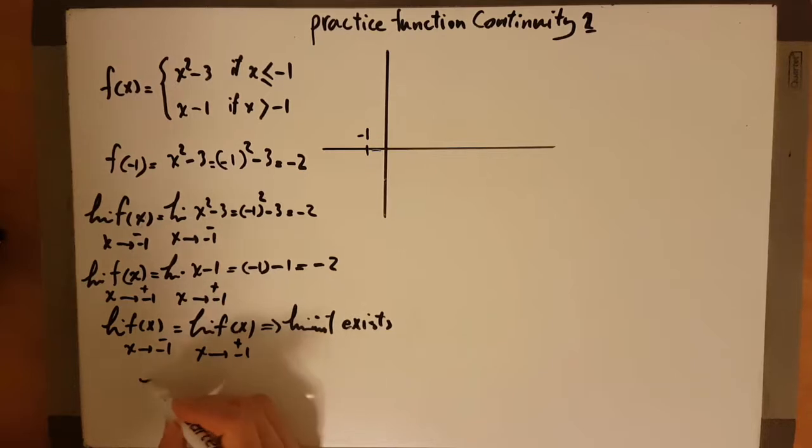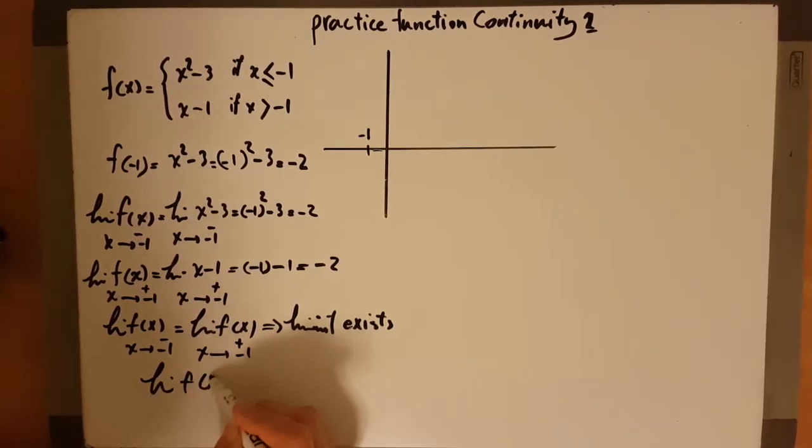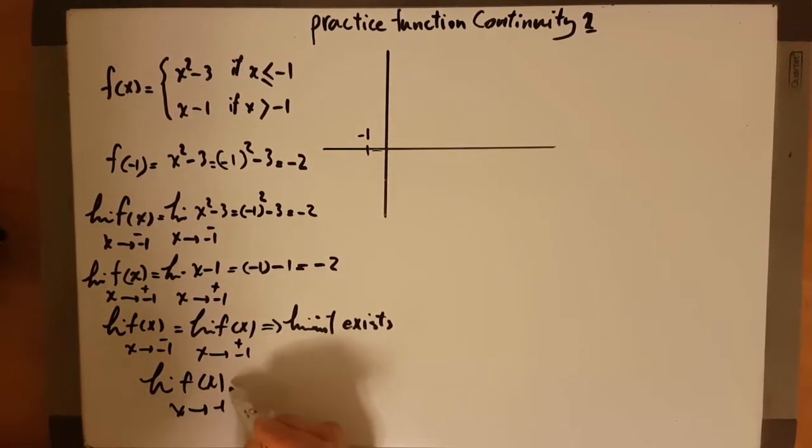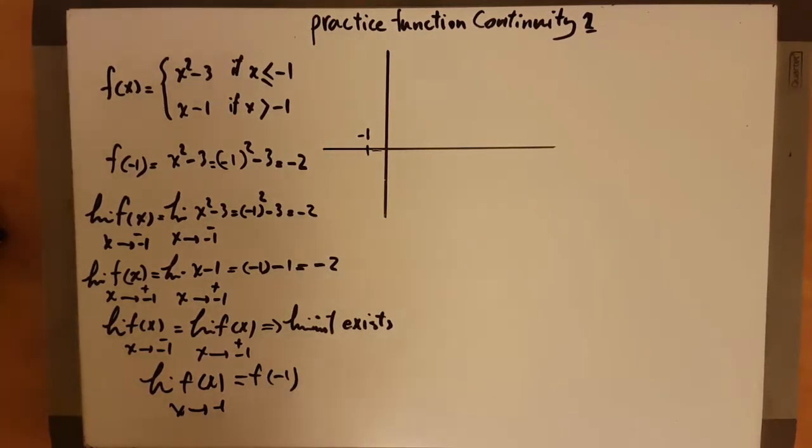So the limit of f(x) when x goes to -1 ends up being equal to f of -1. Therefore this function is continuous. So now let's check it in the graph.